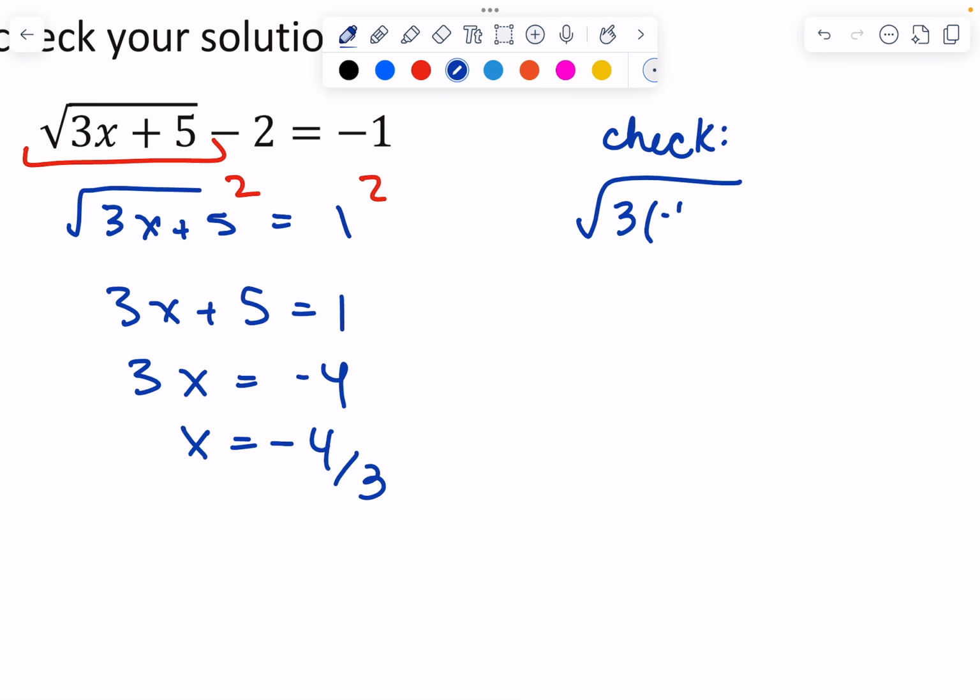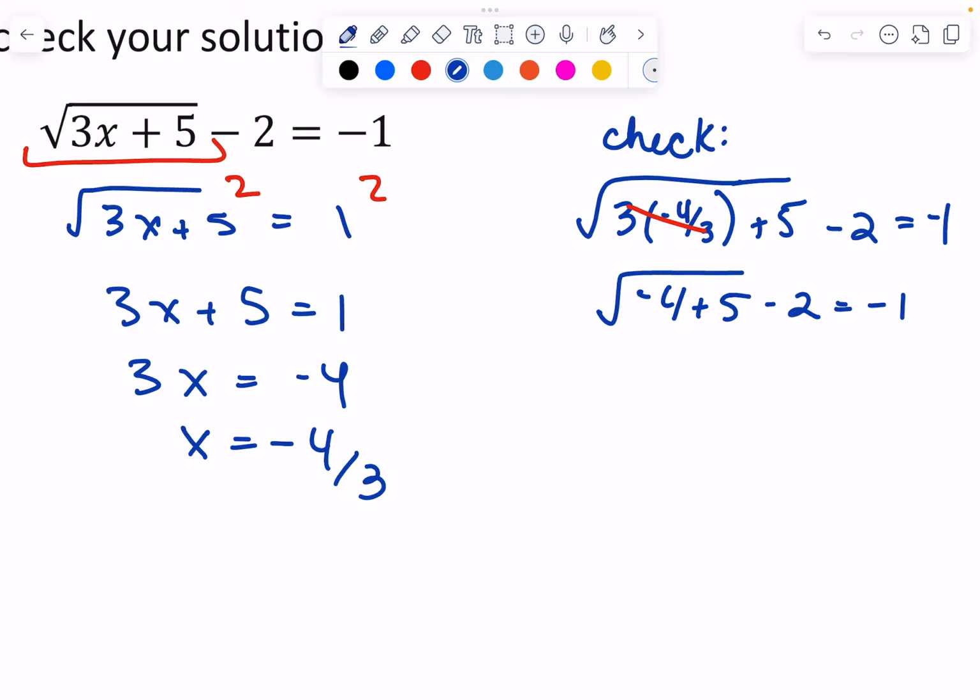So this is going to give us -4. Square root of -4 plus 5 is square root 1. Square root of 1 is 1. And -1 does equal -1. So that's our solution.